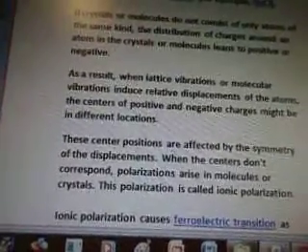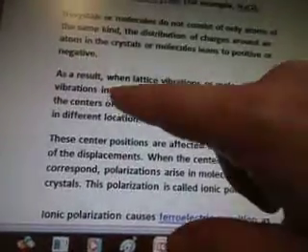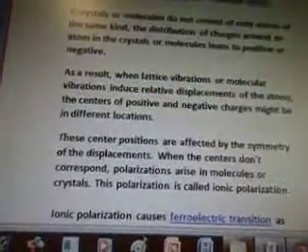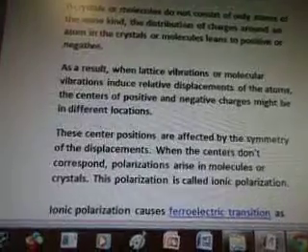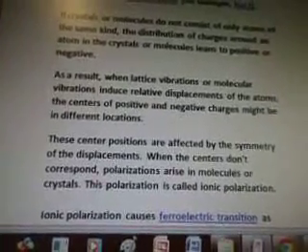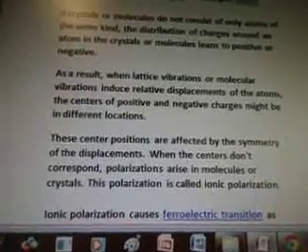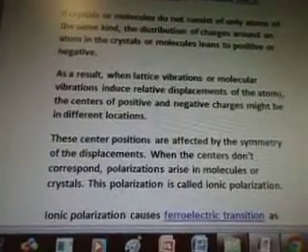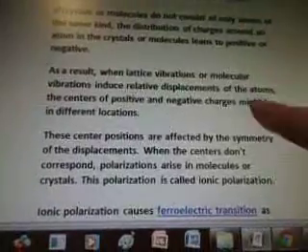As a result, when lattice, okay, so we're working with a crystal lattice in the design, so when lattice vibrations or molecular vibrations induce relative displacements of the atoms, so it makes the atoms move, the centers of positive and negative charges might be in different locations, so it actually moves the atoms around.